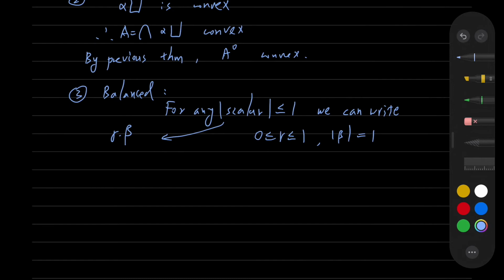And we observe that r beta A, by definition of A, is equal to the intersection of r beta alpha U, because both beta and alpha have absolute value 1, so you can absorb beta by alpha here.